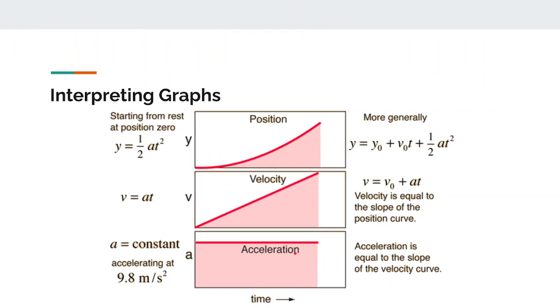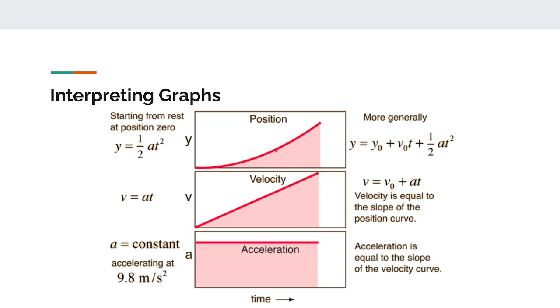Time is on our x-axis. So this is the basic, probably like physics 1 interpretation of it, right? We start from rest at position 0, and we have position, velocity, and acceleration. These are related to each other in some form or way. Velocity is going to be equal to the slope of our position curve.